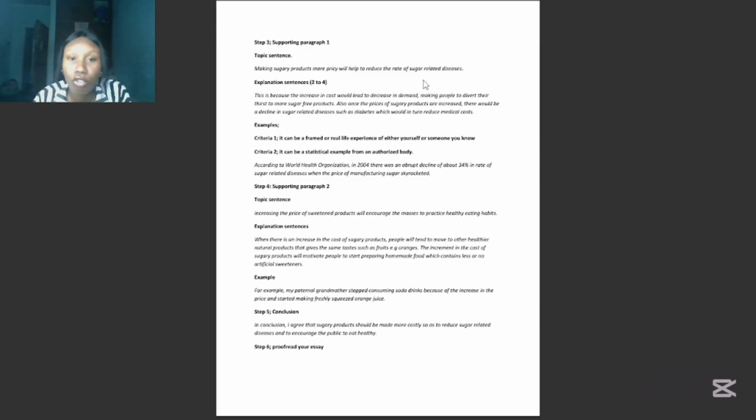No, you can't just throw it at the beginning of the sentence. You have to put it in a way that, this is what I'm talking about. So you make it as a topic sentence. You link the idea with the main question. Making sugary products more pricey will help to reduce the rate of sugar-related disease. Very good. Now, after your topic sentence, what do you do?